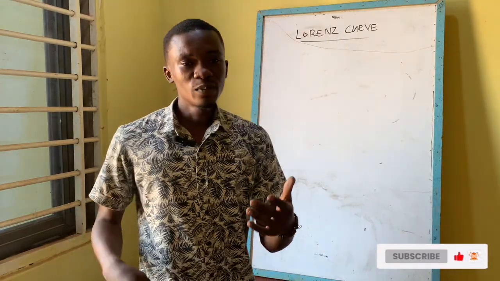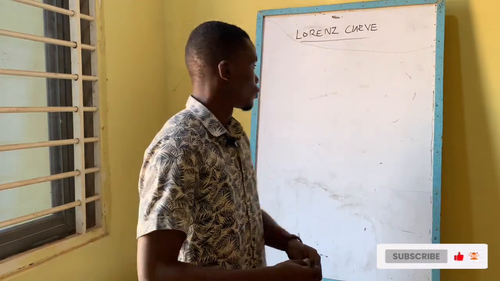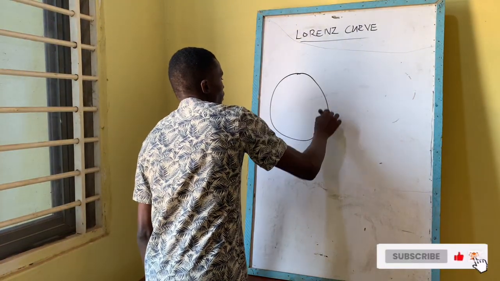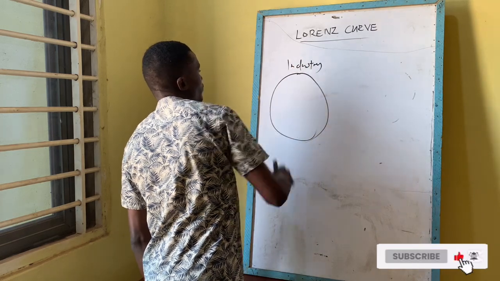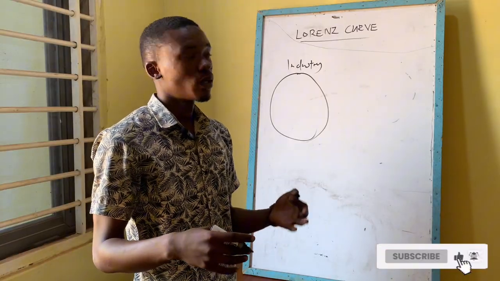Let me paint this picture so that you get a clear understanding of what the Lorenz Curve means. Let's say we have an industry. In economics, an industry simply refers to the concentration of firms in a particular geographical area.